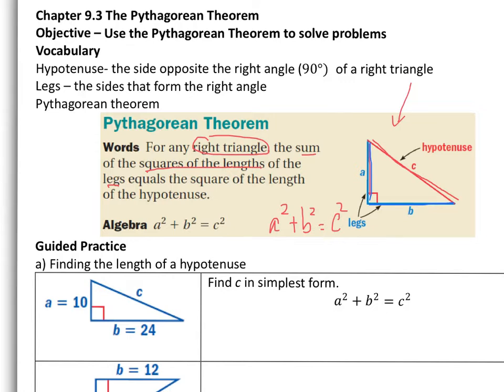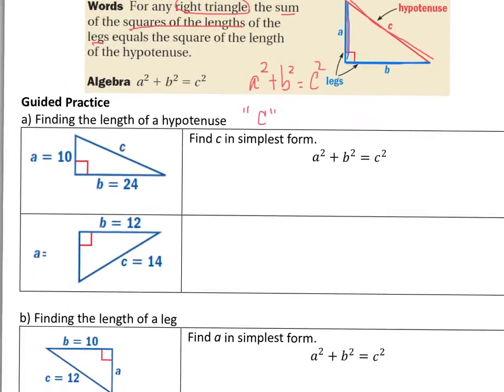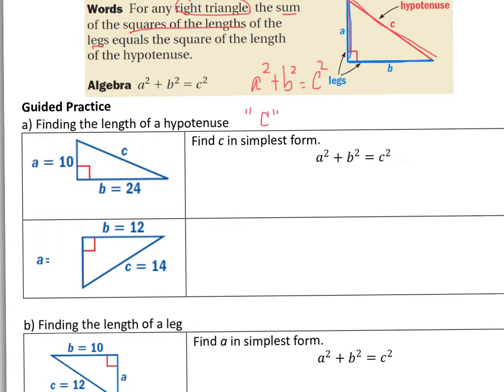Finding the length of the hypotenuse. So here we are looking for the longest length of the right triangle, which is C. Find C in simplest form. We know that A is 10, so we're going to sub in 10 for A, and B is 24.